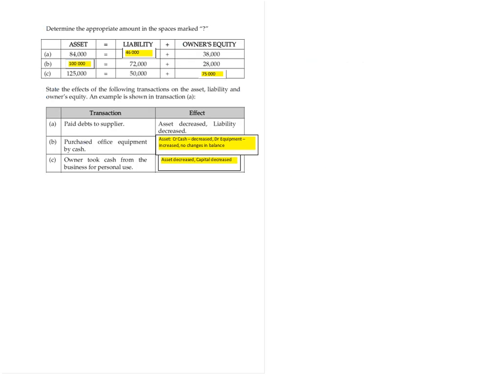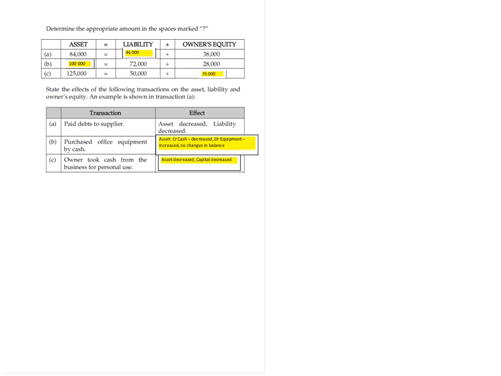So the first assignment was about how you have to determine the appropriate amount in the blank space in the equation between assets, liabilities and owner's equity, right? The first assignment was correct for all of the students who sent me the papers.